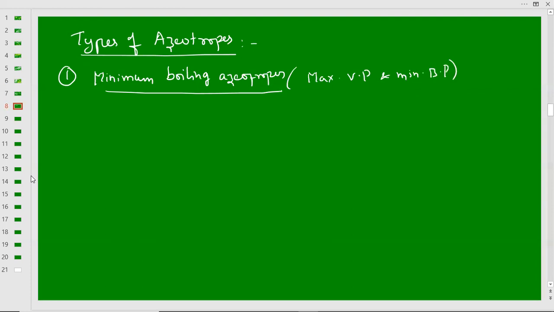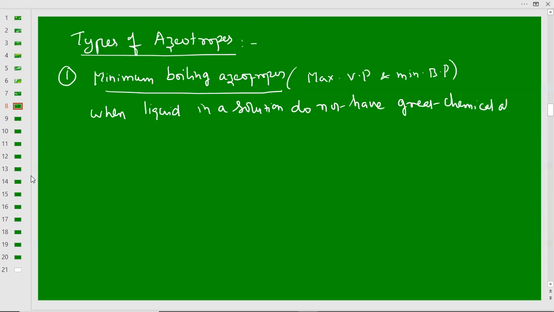Usually any mixture with a minimum boiling point will definitely exhibit the highest vapor pressure. Suppose the liquids in a solution do not have great chemical affinity for each other.